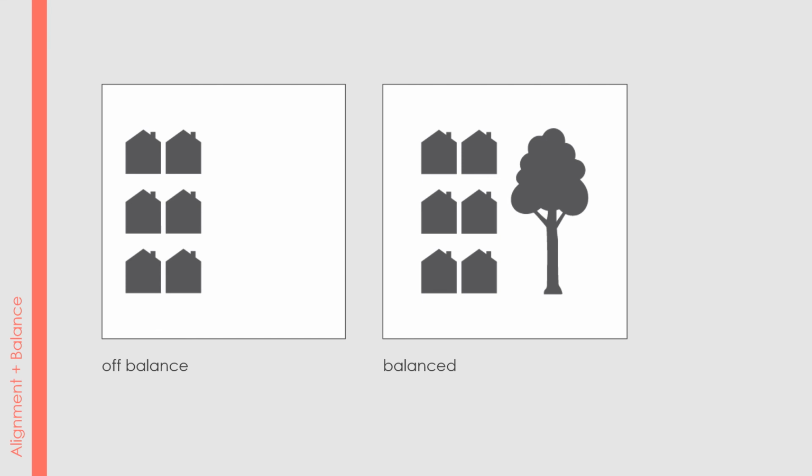One of the other things that alignments can do is affect the balance of a composition. So whether you want something to feel off balance or balanced really depends on the alignments, how you choose to arrange your elements. So here are two examples, right? The composition on the left is off balance because all of the visual information is only on the left side of the page.